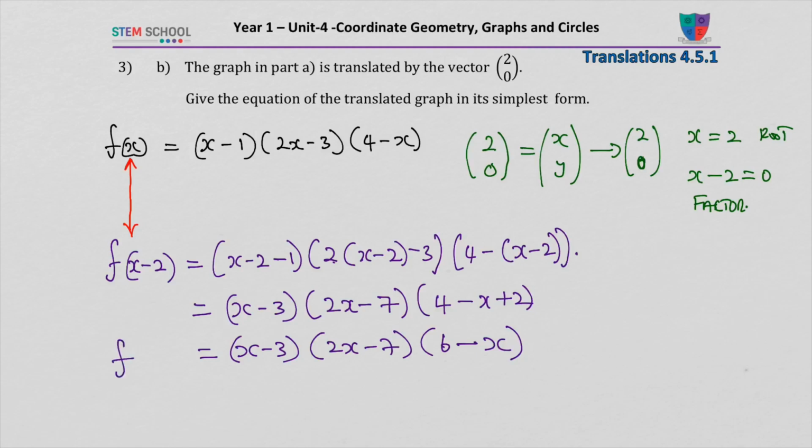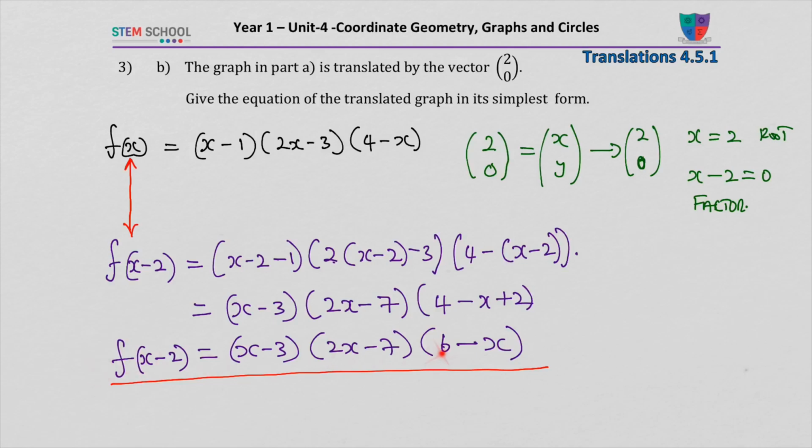So that is f of x minus 2. And the translated equation is f of x minus 2 equals (x minus 3)(2x minus 7)(6 minus x).